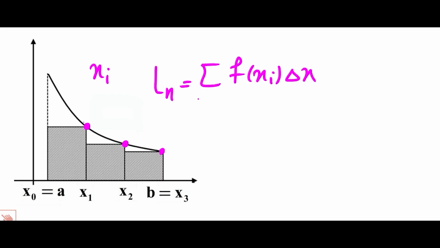Now let's see what happens when the function f is decreasing. The rules of the endpoints are now reversed. For a decreasing function, the lowest value in each interval is at the right endpoint, meaning here, here, and here. Using these points gives us the deficient approximation. So in this case, the right endpoint is x i. So L n, the lower sum, equals the sum of f of x i times delta x from i equals 1 to 3.